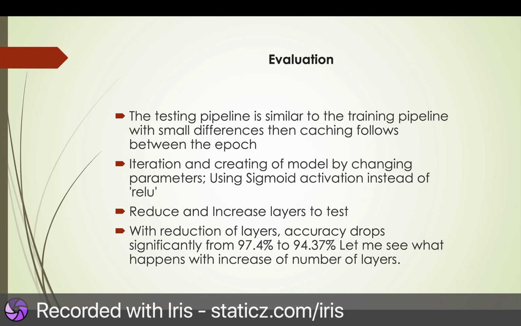I also tried sigmoid and ReLU, and Adam, and I realized there was some accuracy reduction when I was reducing the layers. This is not necessarily how it happens in all models.